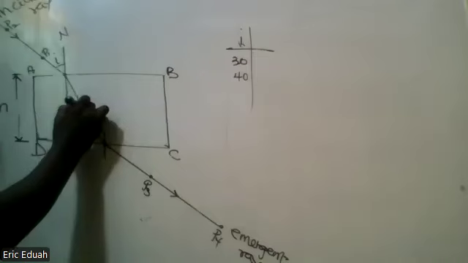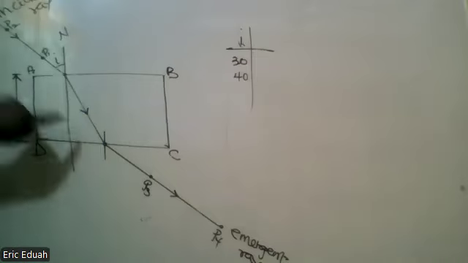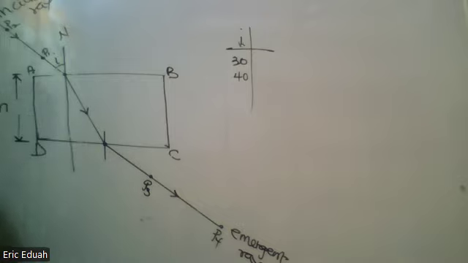This is the refracted ray. So incident, refracted, emergent ray. Please, ray diagrams must be shown with arrows.